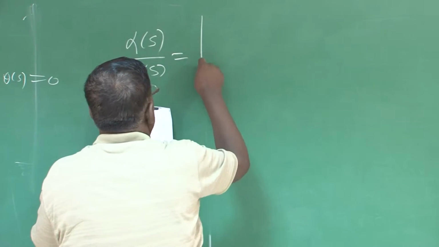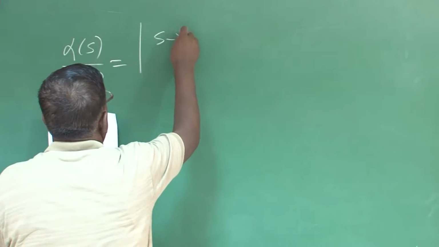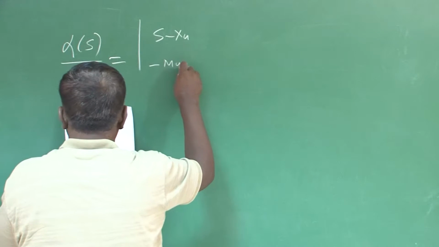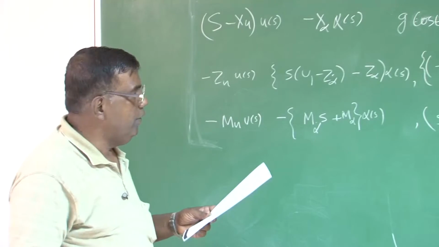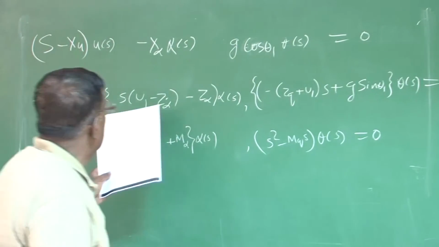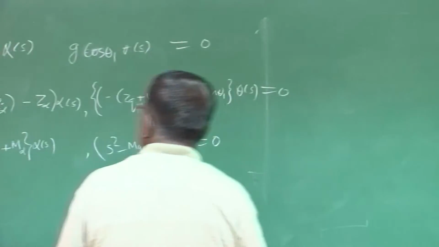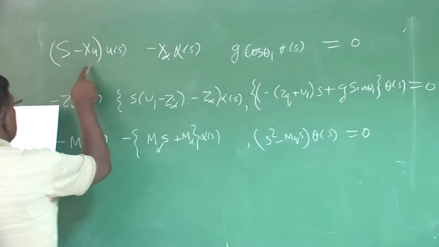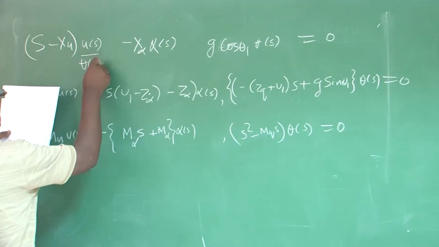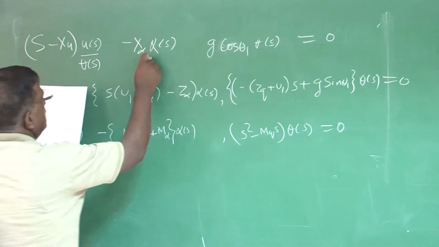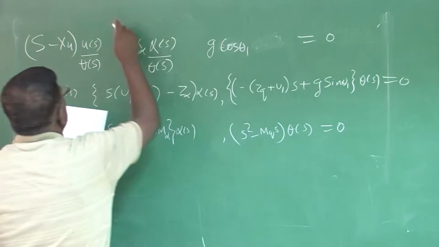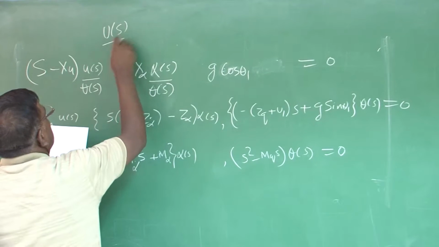So it will be something like this, s minus xu, minus mu. Now our aim is to find out u of s by alpha of s. So it is very simple. I can again write this in terms of s minus xu. I divide it by theta of s if I am looking for theta of s. So there, this will again divide by theta of s, and here theta of s will go. So I am looking for u of s by theta of s.